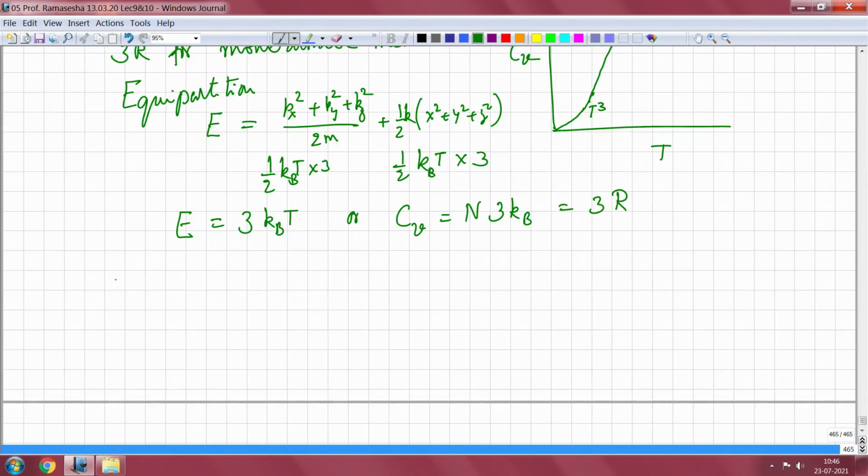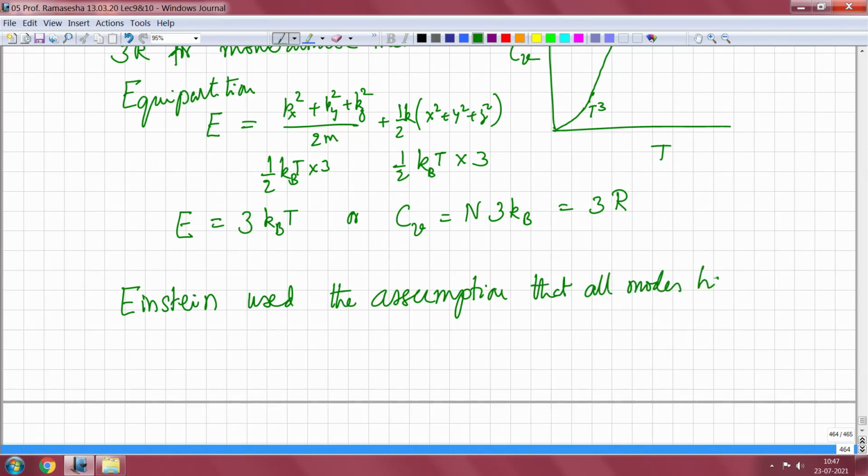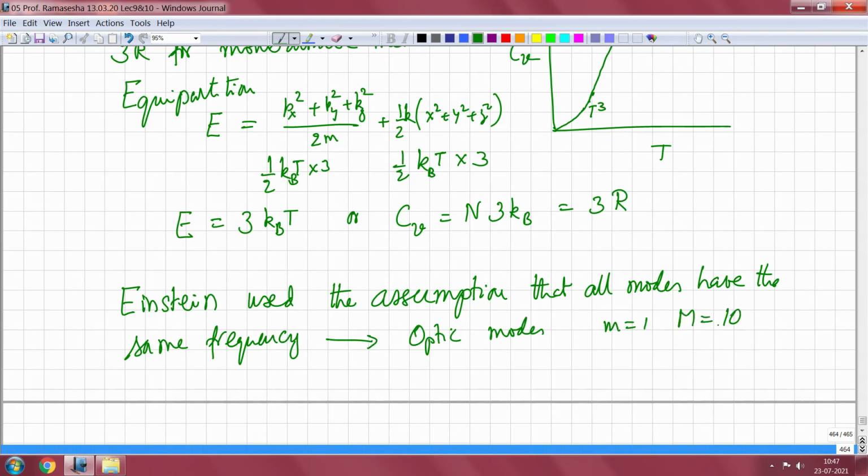So to explain this, Einstein used the assumption that all modes have the same frequency. This actually corresponds to optic modes. Because if small m is equal to 1 and capital M is equal to 10, then you would see that mu is something like 10 by 11.